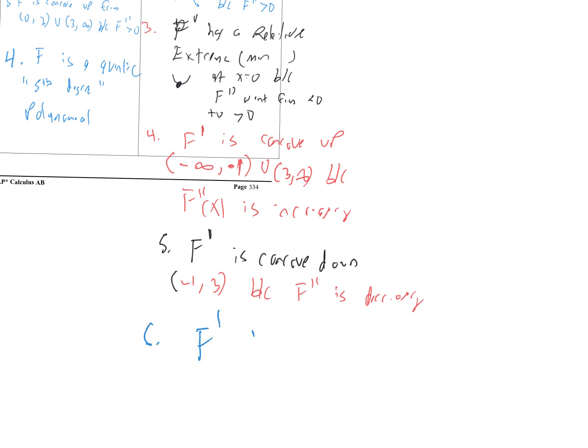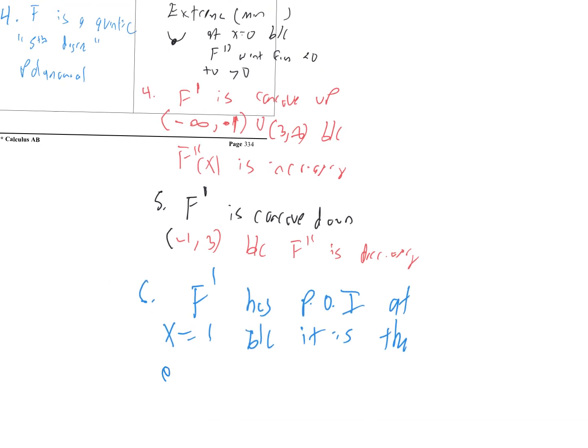F prime has a point of inflection at x equals 1 because it is the extrema of f double prime.